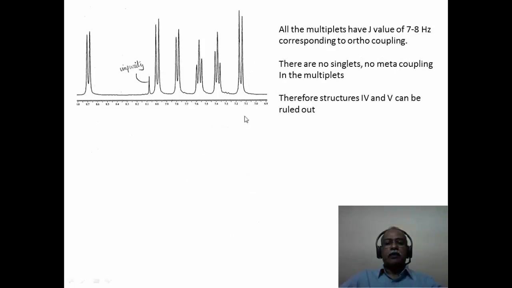In other words, from 7 ppm all the way up to 8 ppm, this length would be essentially 300 Hertz. So one can find out the gap between these two, how many Hertz it belongs to, and so on. I have done this exercise, and each one of the multiplets corresponds to about 7 to 8 Hertz or so, which would correspond to ortho coupling in this case. That means there is no meta coupling in the multiplets.